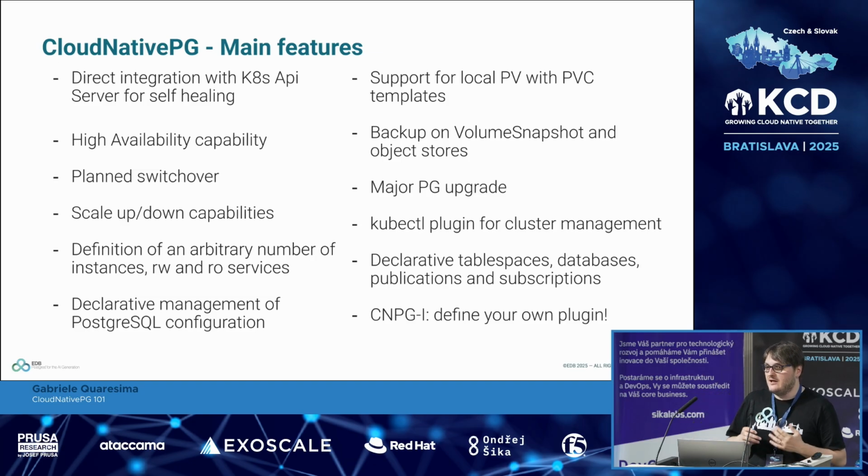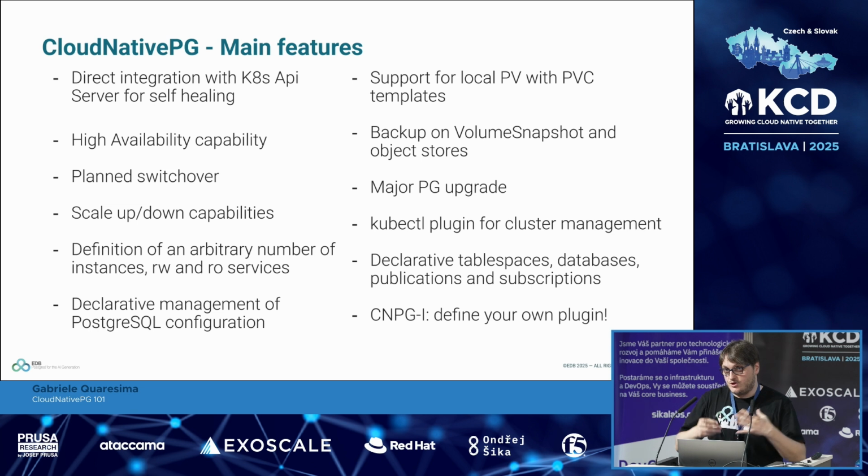So we try to push everything on Kubernetes, relying on the declarative way to use everything around it. Also, we have backup on Volume Snapshot and Object Store, relying on Barman. And there is also one of the latest functionalities, the major Postgres offline upgrade.